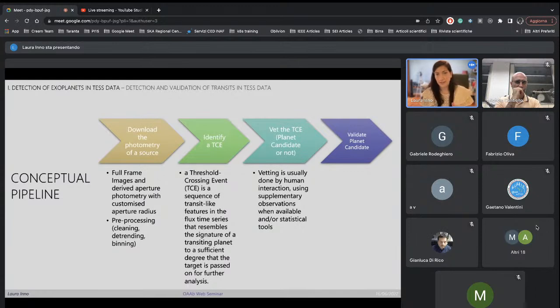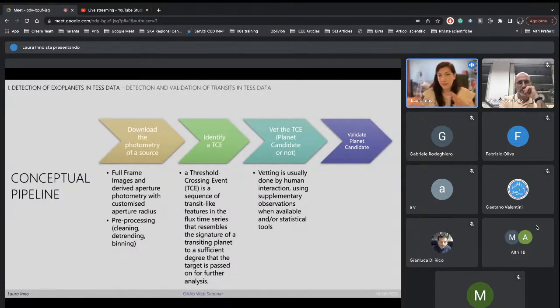You have to vet this signal to confirm whether it's because of a planet candidate or something else. The vetting of the planet candidate is usually done by human interaction, using either simply TESS data or supplementary observations when they are available. You can do that by hand, let's say, or using some statistical tools. But I will explain this a little better now by using a specific example.